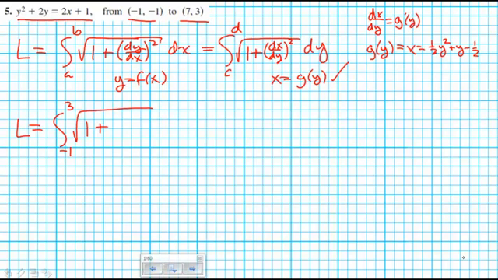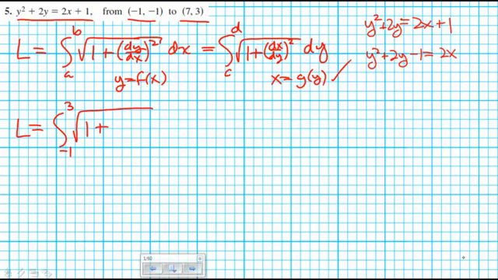Boy, I did that really quickly. Let me do that in multiple steps. All right, y squared plus 2y is equal to 2x plus 1. My goal is to isolate the x. So I'll subtract 1 from both sides, and I get that.